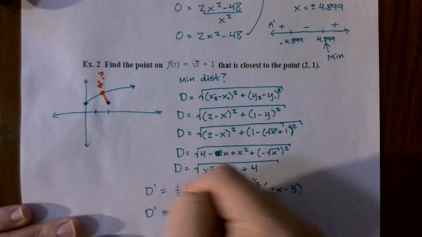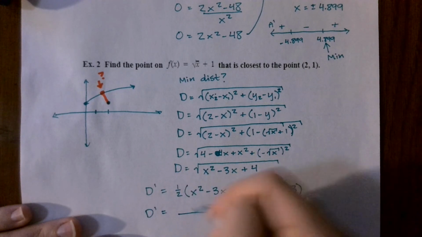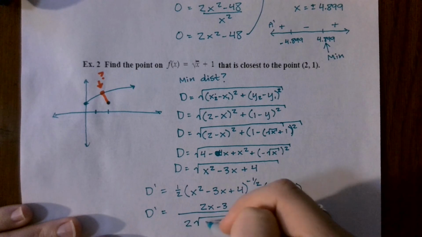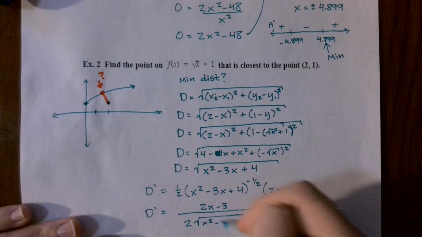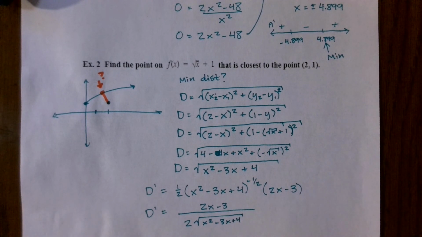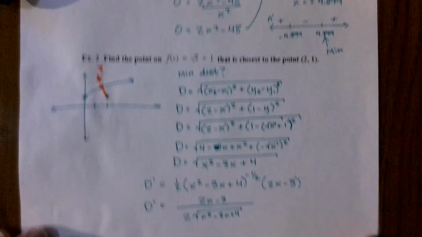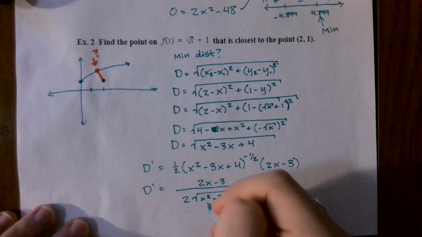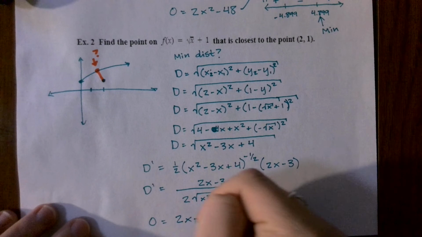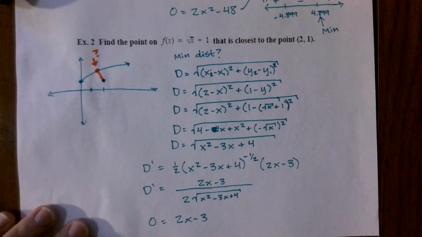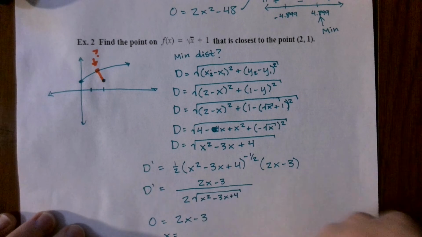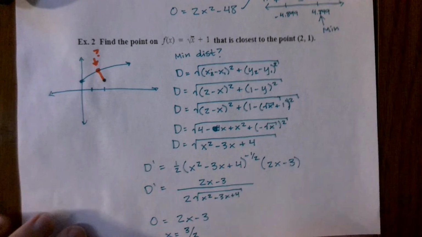Cleaning that up a little bit, we get our 2x minus 3 in the numerator, and 2 square root of x squared minus 3x plus 4 in the denominator. But again, when I set that equal to 0, my numerator is really the only part that is going to count for anything, so I'm going to take that part off. We get 0 equals 2x minus 3, and then our x will equal 3/2.